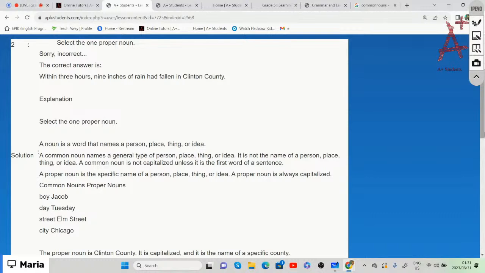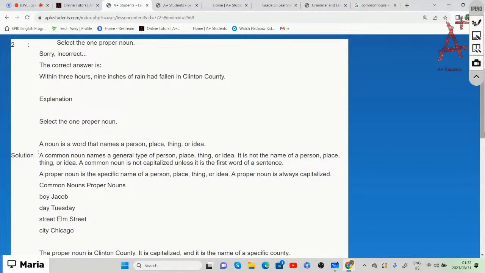Common nouns need to be written in lower case, right? A common noun is not capitalized unless it is the first word in a sentence. So, unless it is the first word of a sentence, we do not capitalize it.